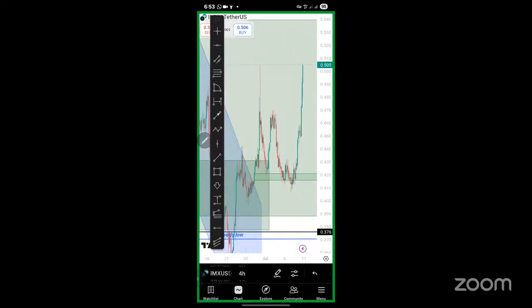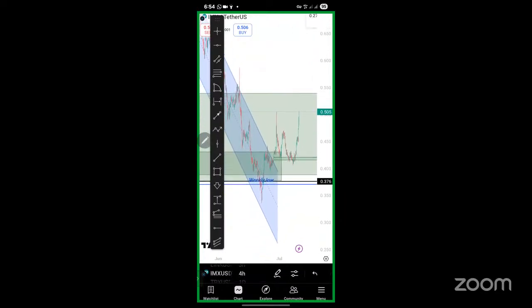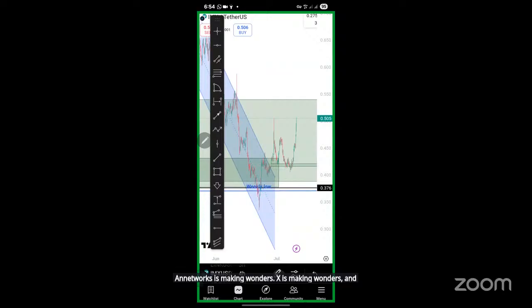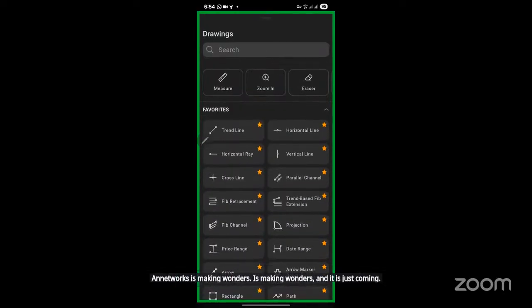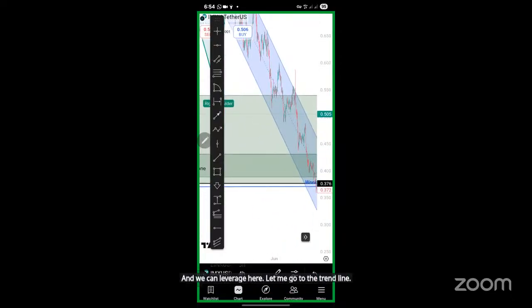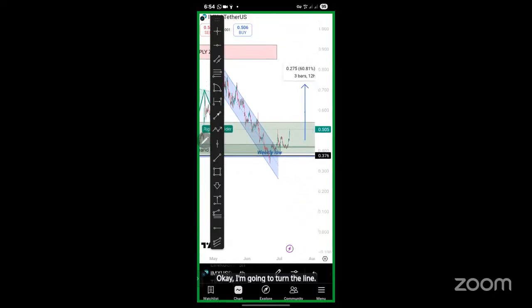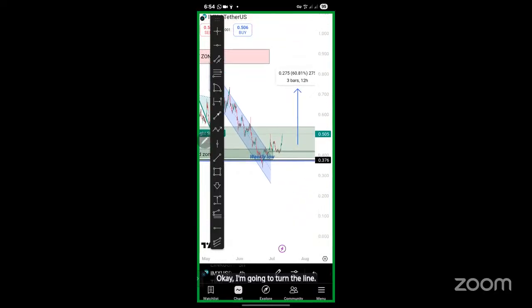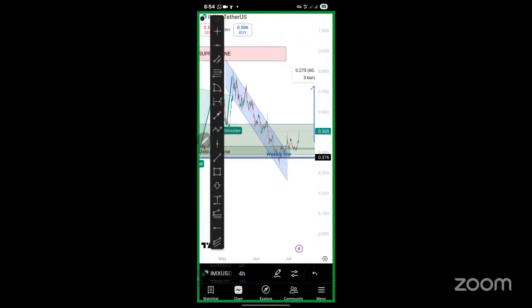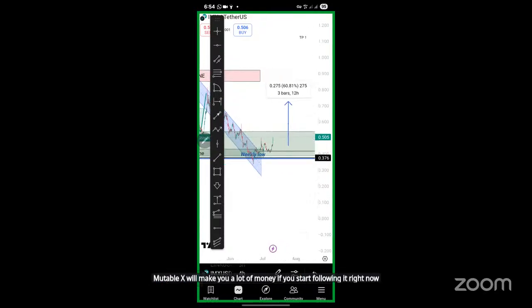Immutable X is making wonders, and it is just coming. And we can label it here. Let me go to the trend line. Immutable X will make you a lot of money if you start following it right now.